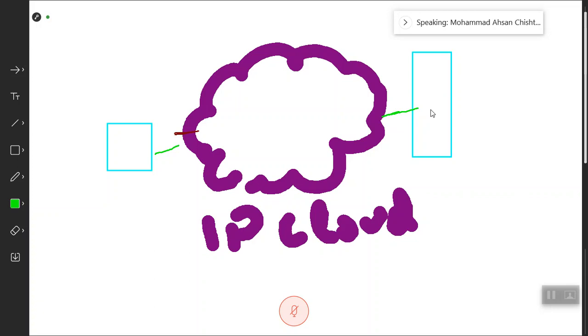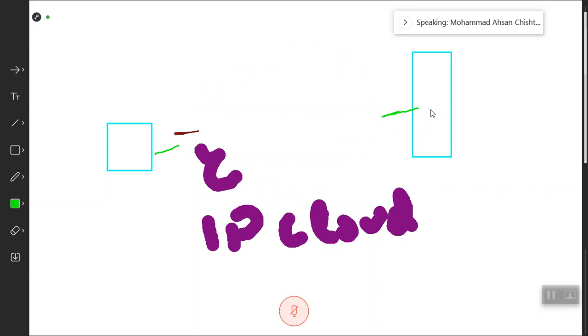The second type of network classification that we understand is what we know as network topologies. What are network topologies? Network topology is the layout or pattern that we have.